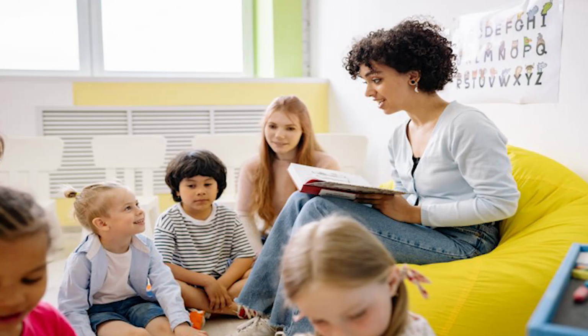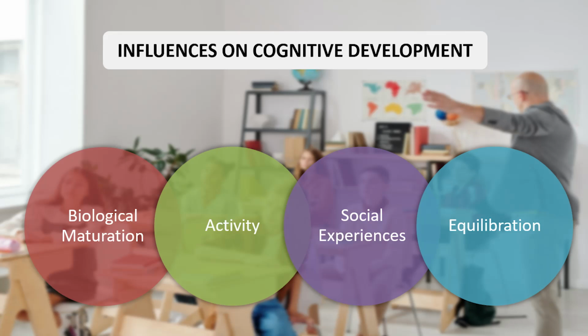But cognitive development is influenced by a couple of factors. So as a teacher, you should know what the impacts of these factors are on the cognitive development of the child.